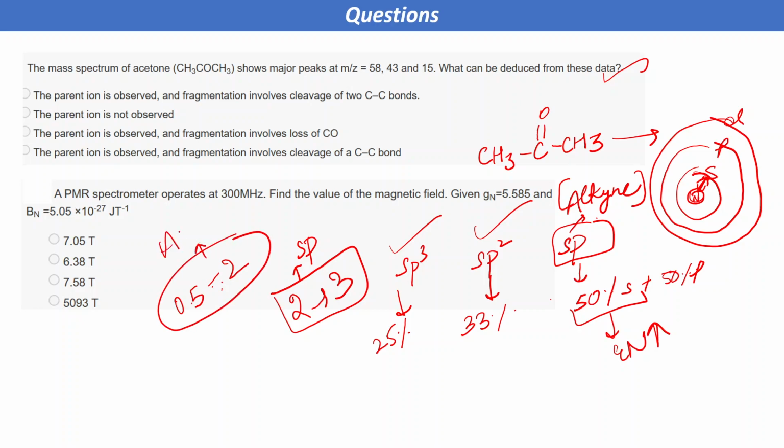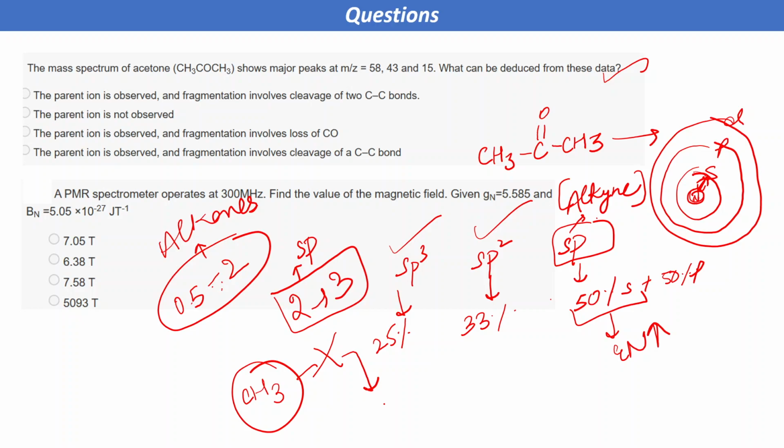But the value may be shifted depending on the structure. Suppose your carbon is sp3 hybridized, but there is some electronegative group attached to it, then the value may go further towards the de-shielded direction, beyond 2, approximately in the region of 2 to 5. So it depends.